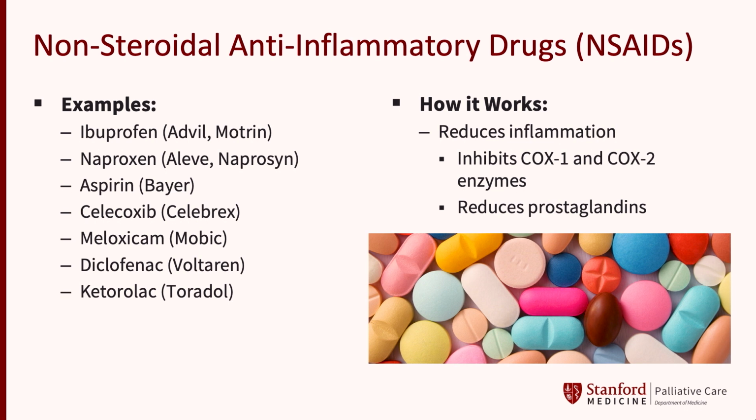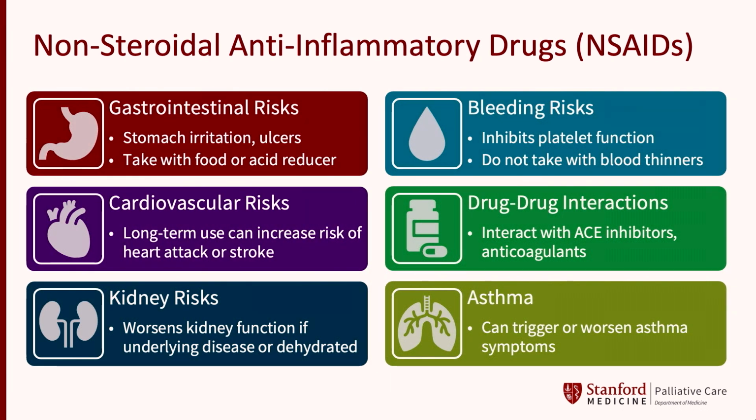NSAIDs can be very effective, and they come with quite a few potential side effects. So one, it can be some stomach issues. Those COX enzymes, when they're inhibited, can reduce the protective lining in our stomach, and so there's a risk of stomach ulcers. Fortunately, we can reduce the risk when those medicines are taken with a meal, with food, to help kind of line your stomach with the food.